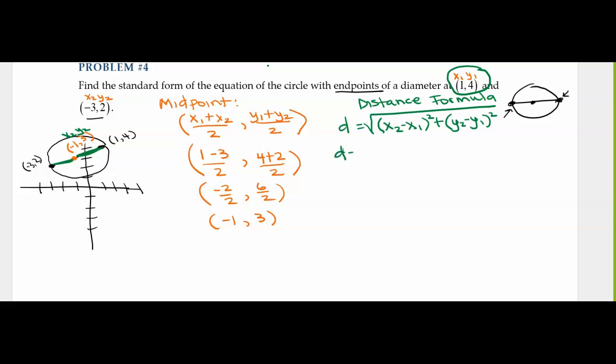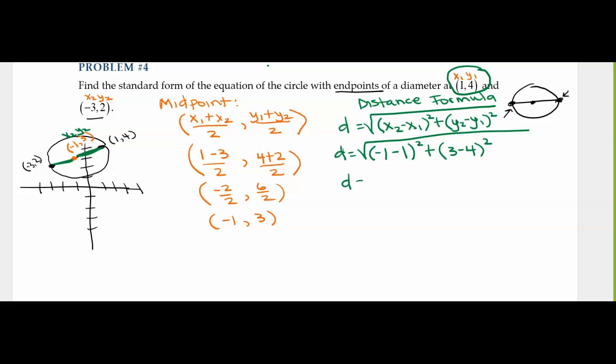All right, so I've got d equals the square root of x2, which I'm saying is negative 1, minus x1, which is 1, all squared, plus y2, which is 3, minus y1, which is 4, and then all squared.